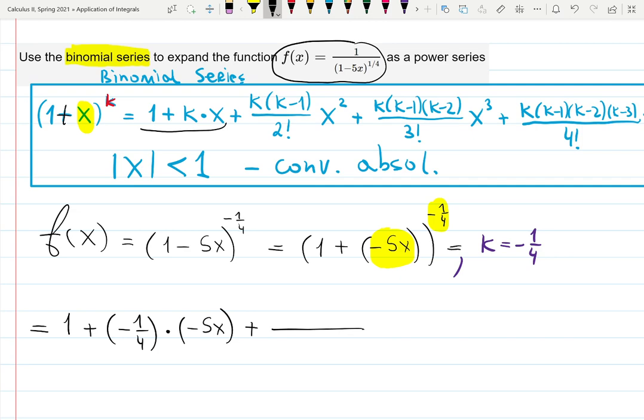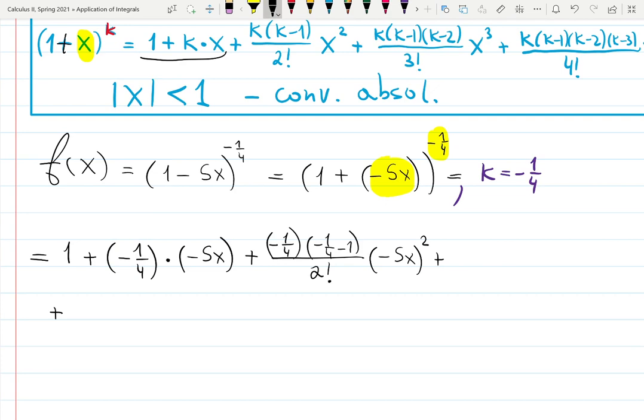Plus k, k is negative 1/4, and then negative 1/4 minus 1, divided by 2 factorial. Input squared, minus 5x, but now it is squared. Plus k times k minus 1 times k minus 2.